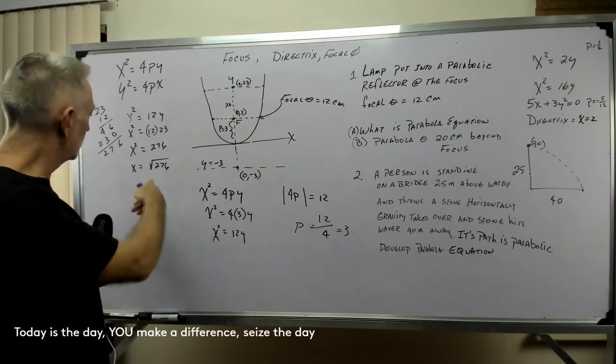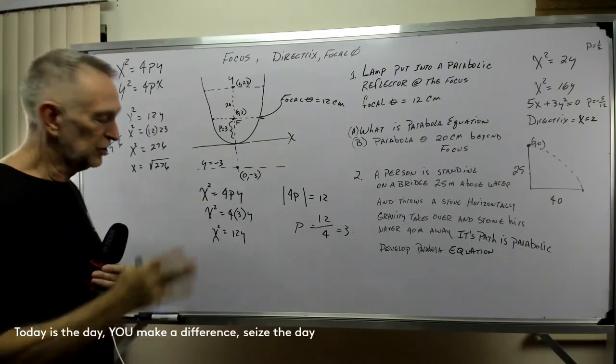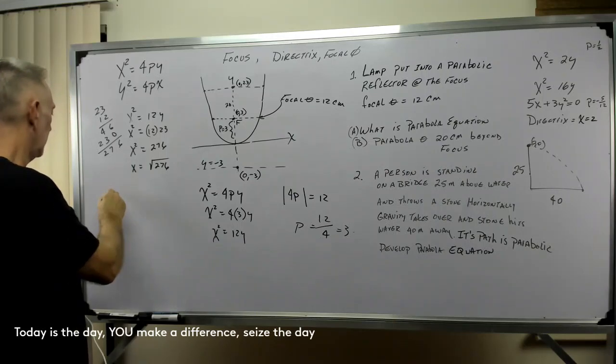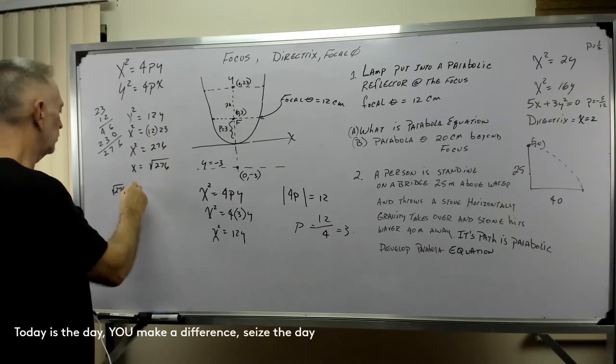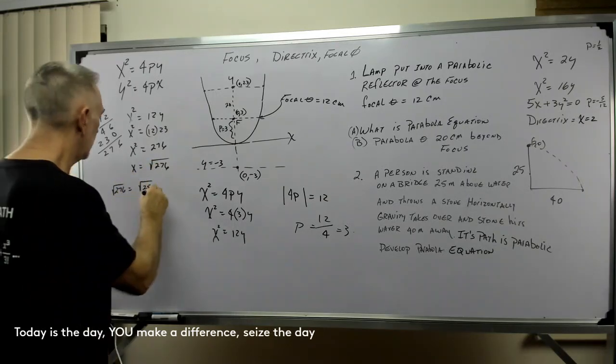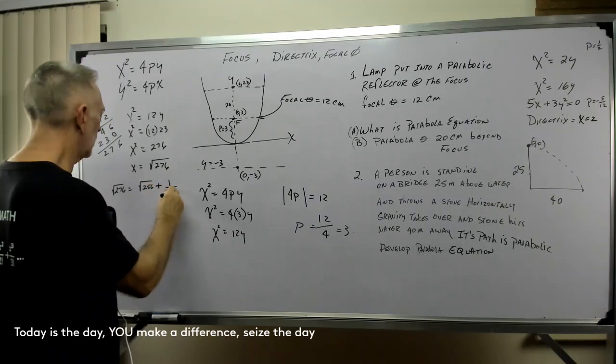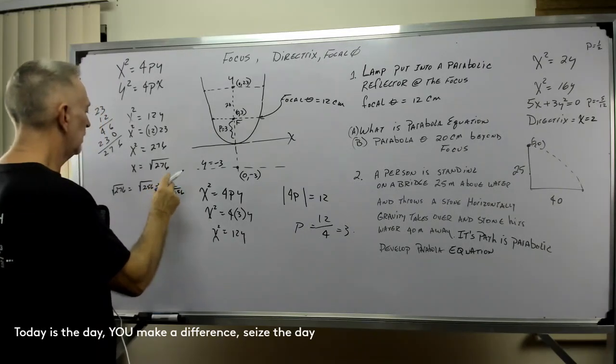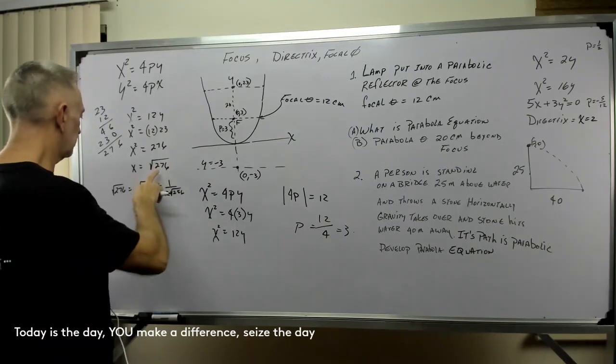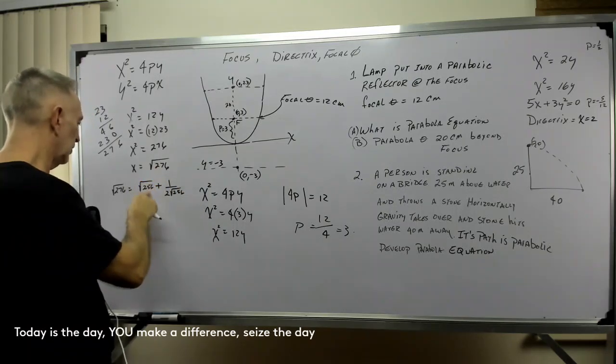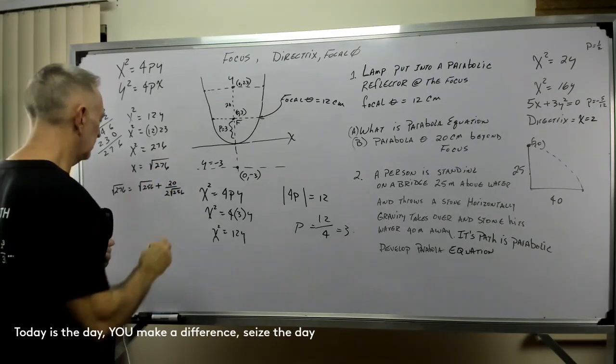I don't know what the square root of 276 is, but I do know this: the square root of 276 equals the square root of 256, which is 16, plus 1 over 2 square root of 256 times delta x, the difference between this number and that one. Well, that one's 20 larger than this one, so it'll be times 20.